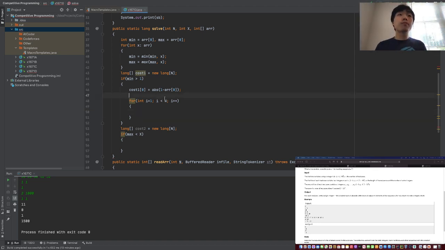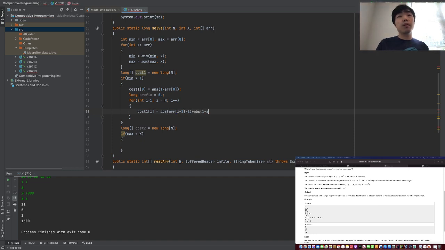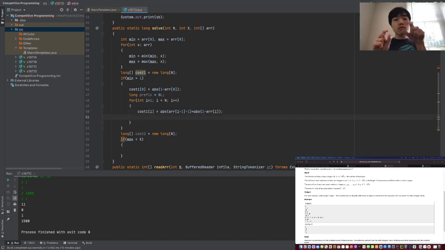Okay. So cost 1 is equal to this, long prefix is equal to... cost of 1 at I is equal to the absolute value of array at I minus 1 plus the absolute value of 1 minus array at I. What is this value?